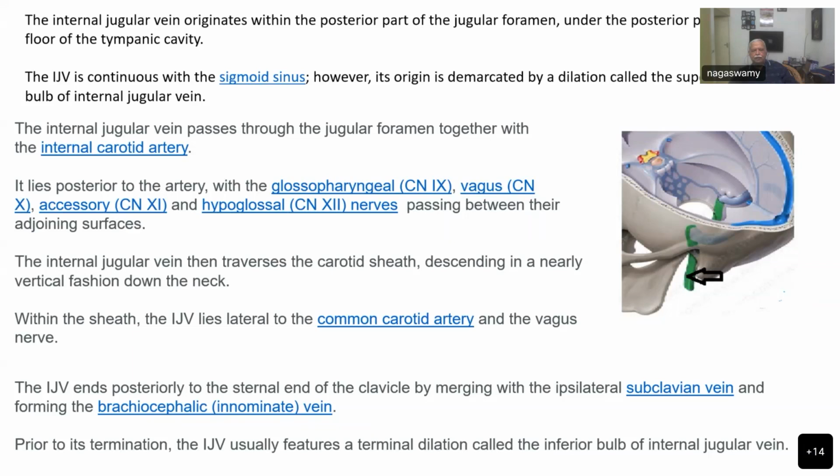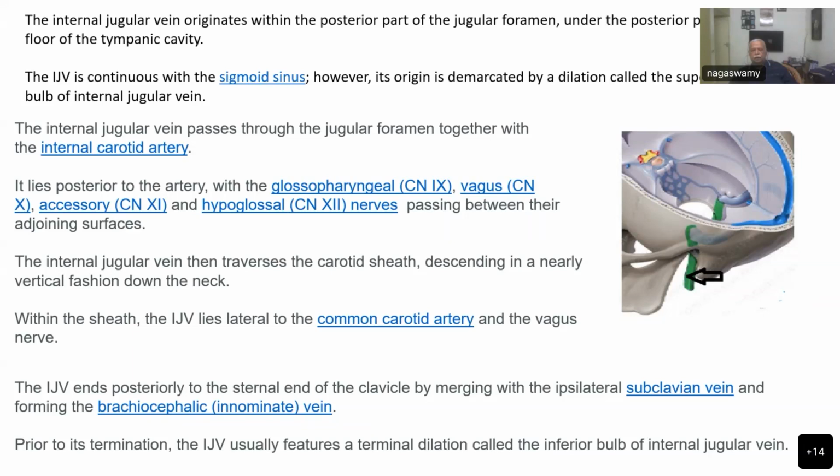When you want to measure the jugular venous bulb oxygen saturation, which is an indication of your brain blood supply.